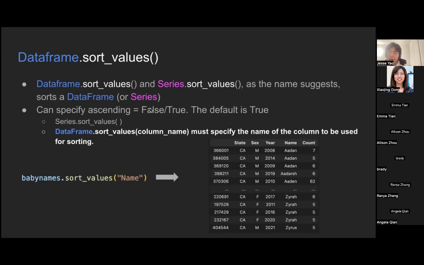Also, let's say you want to sort it with the largest value first instead. You simply add a keyword in here, comma, ascending equals False, which means that you want it descending. You would want Zyrus to appear first.